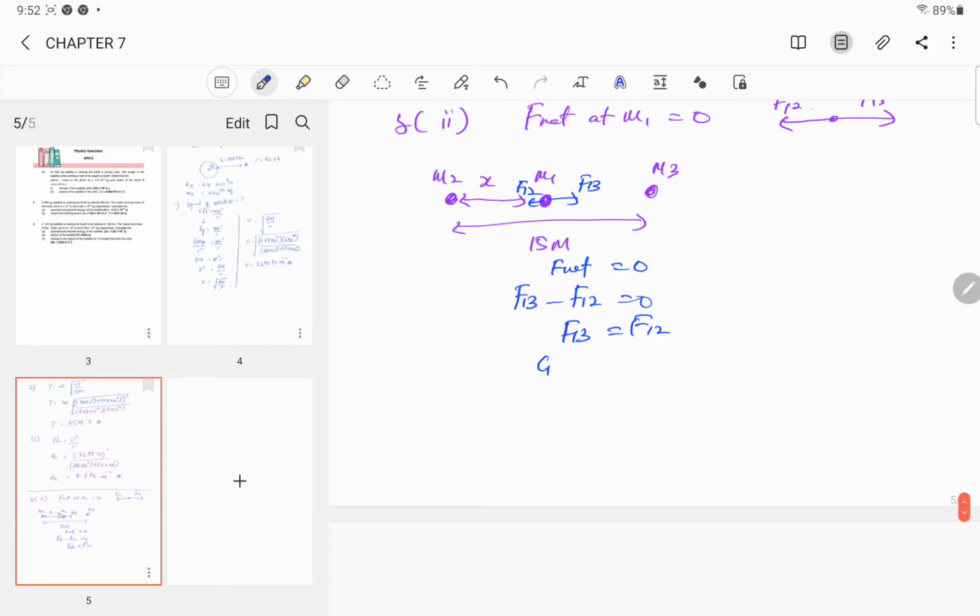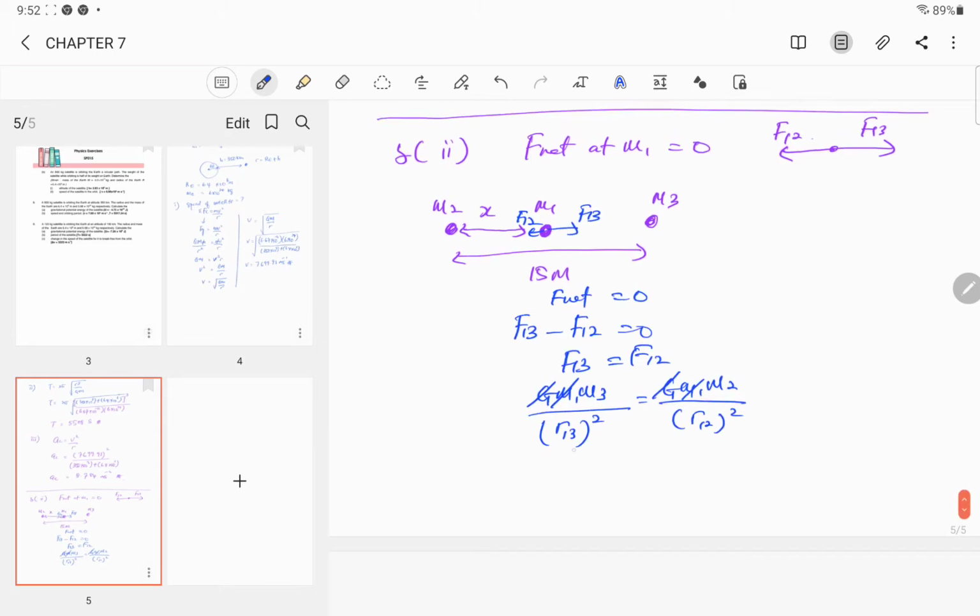So we have G mass 1 mass 3 over R13 squared equal to G mass 1 mass 2 over R12 squared. Okay, R13 is distance between mass 1 and mass 3. R12 is distance from mass 1 to mass 2. So we can cancel off G, and then we can cancel off M.